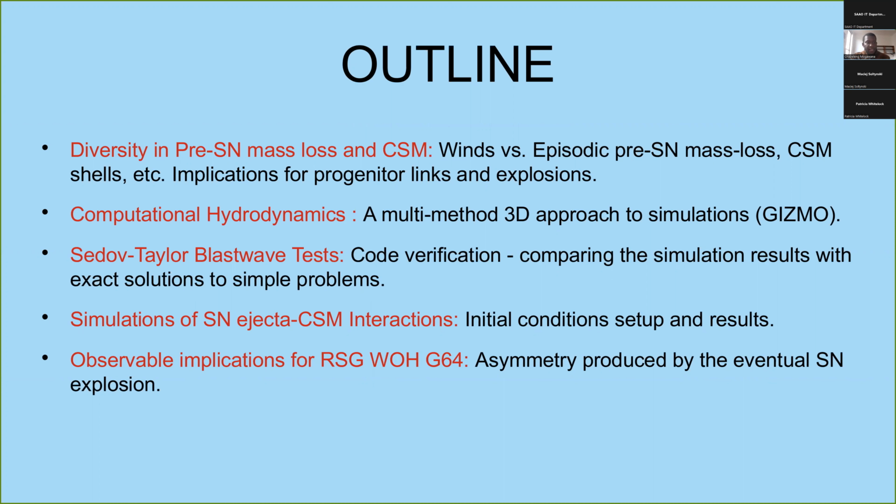In this work, we covered simulations of supernova ejecta interacting with the circumstellar medium, and we have to set up the initial conditions after showing that our code is applicable to this particular problem. Later on, I will touch on the implications of one of the few red supergiants, WOH G64, that has been observed to have some kind of asymmetric torus circumstellar medium structure.